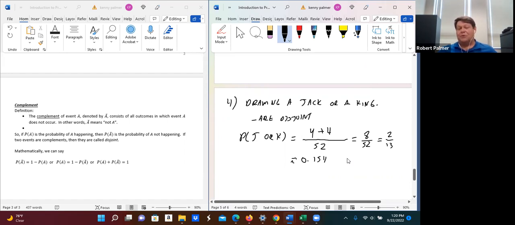Now, the experimental probability would be to, if you drew cards over and over again, or put them back, replace them over and over again, maybe draw cards hundreds, thousands of times, then about 15.4% of the time, you should get either a jack or a king. That's that idea of the law of large numbers. You repeat it many times.